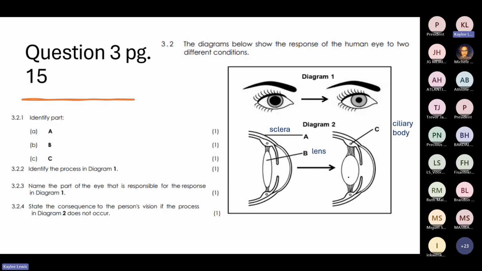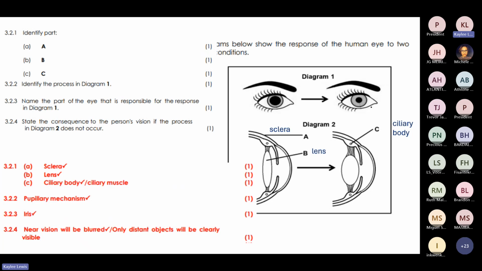All right. Then 3.2.2 says identify the process in diagram 1. Because we could see that the pupil size is changing, that would mean that the process is going to be pupillary mechanism because it has to do with the pupil. Then 3.2.3, name, so not a letter, name the part of the eye that is responsible for the response in diagram 1.